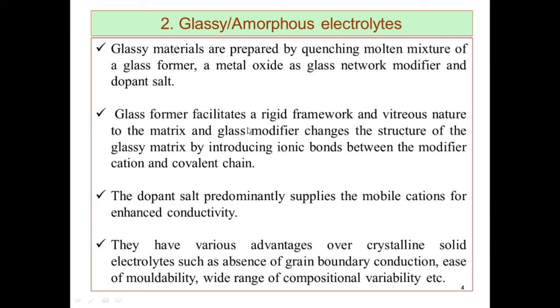The glass former provides a rigid framework and vitreous nature to the matrix, and the glass modifier changes the structure of the glass. The dopant salt predominantly supplies the mobile cation for conductivity. They have various advantages over crystalline solid electrolytes, such as absence of grain boundary conduction, ease of moldability, wide range of composition variability, etc.